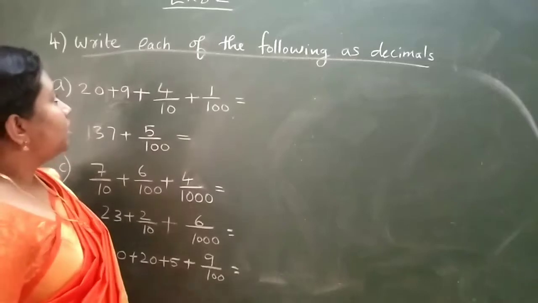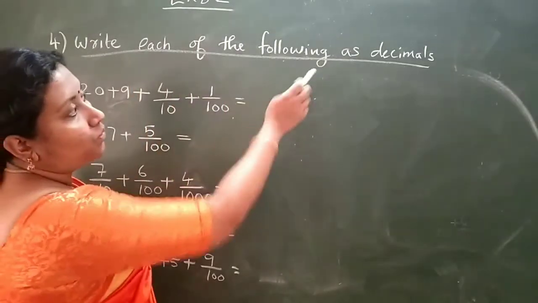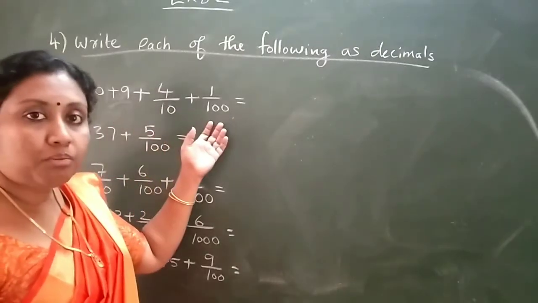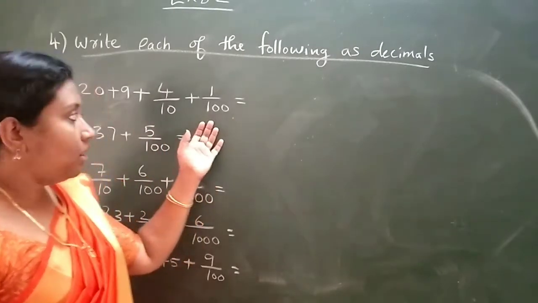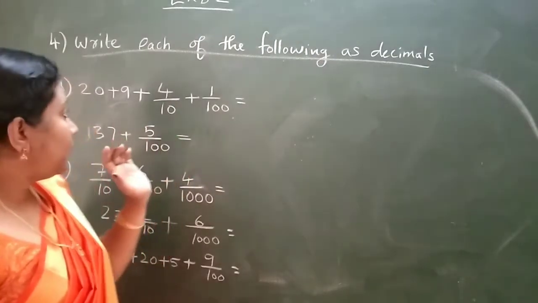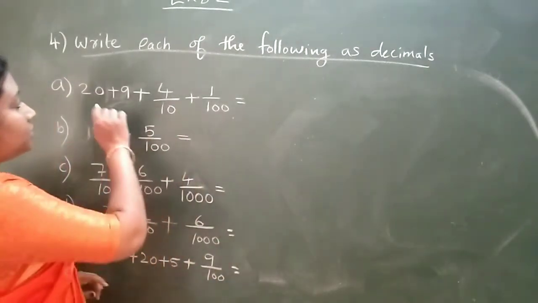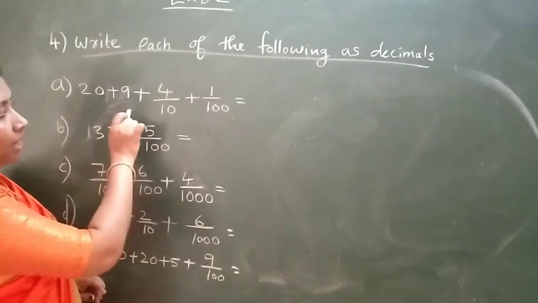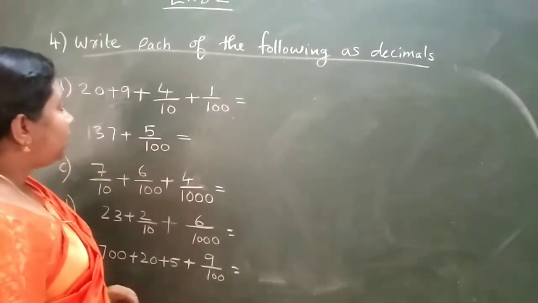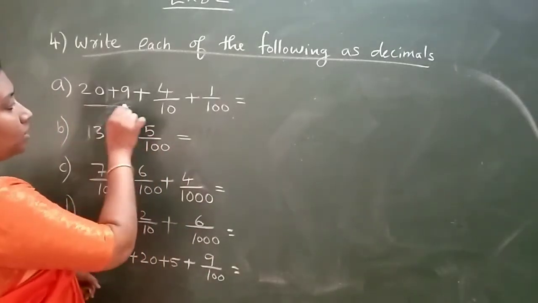Your fourth question, write each of the following as decimals. Here the expanded form of a decimal number is given. Find the short form of this number. Okay. Here the first one is 20 plus 9 plus 4 by 10 plus 1 by 100. Here these two are the whole numbers.